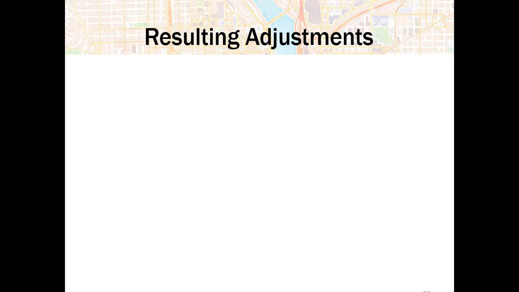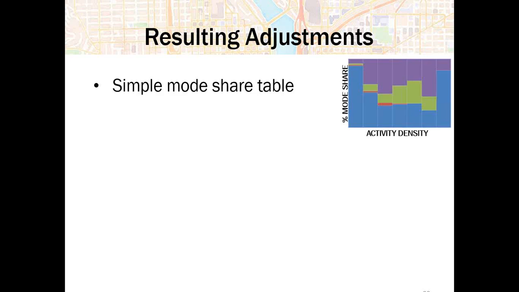As a result, for 9 different general land use categories, I had 2 different types of estimate models. The first one was actually a very simple mode share table. And this is simple because the only measure you need to calculate is activity density. That means residential and employment densities in the area.